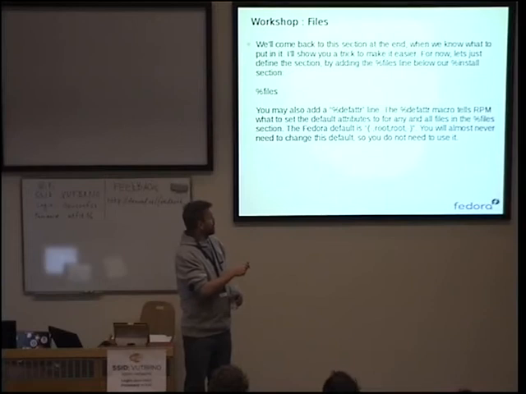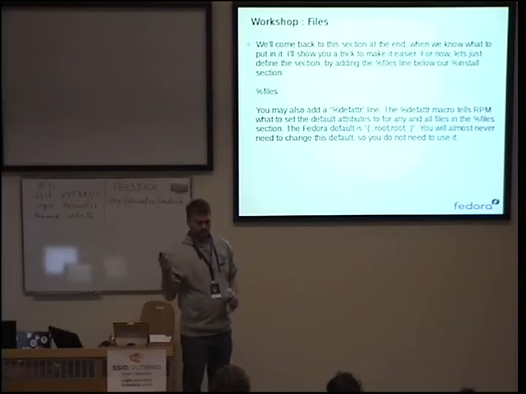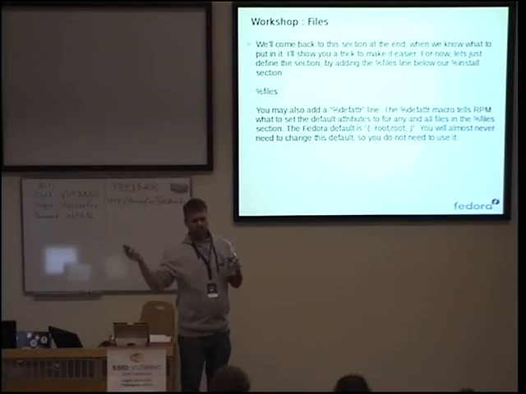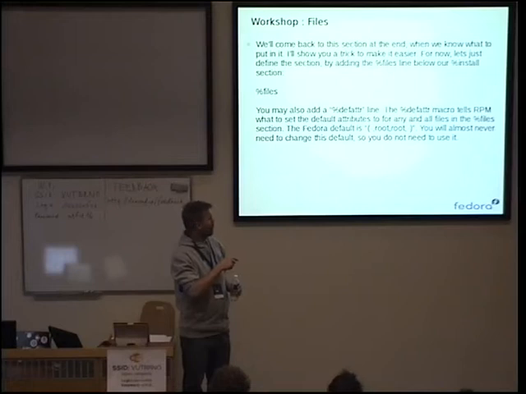If there is a minus, it will have the same attributes it has in the build root. So if you run chmod in the build root for some file, it will have the same attributes in the final package. And this is who will own that file. So this is user root and group root.